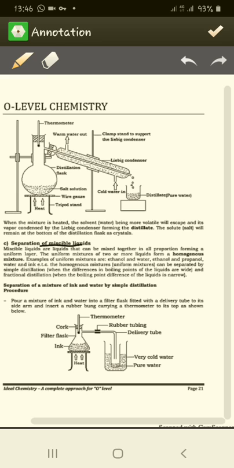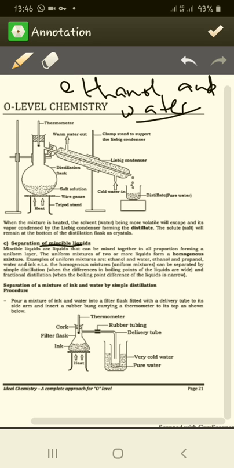And examples of these liquids, we have ethanol and water. This is the best example of miscible liquids. So whenever we ask for one example, give us one: ethanol and water. Ethanol is an alcohol, and it is almost the same as this water you see people drinking.